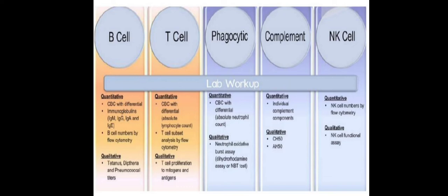NBT is the nitroblue tetrazolium test. For the complement system, we can measure individual complement components. Qualitative tests are CH50 and AH50. For NK cells, quantitative is NK cell number by flow cytometry, and qualitative is the NK cell functional assay.